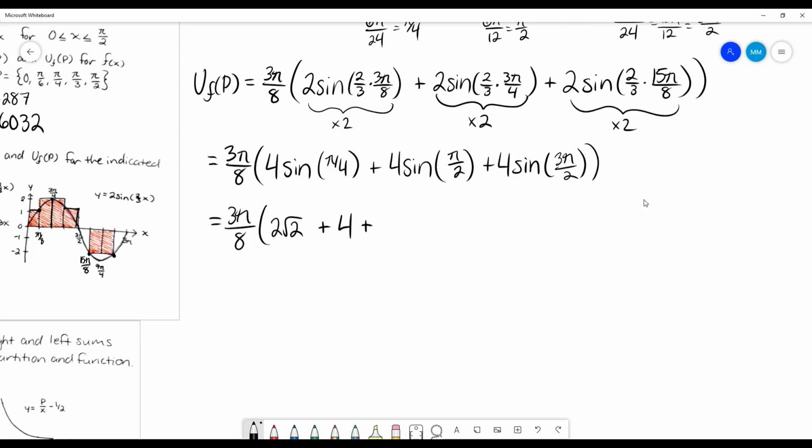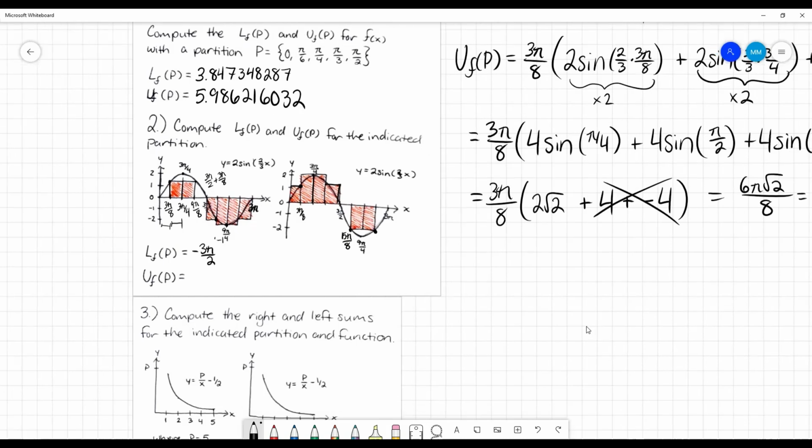And plus 4 sine of 3 pi over 2. 3 pi over 2 is negative 1, so it's negative 4. These cancel, and we get 3 pi times this, so it's going to be 6 pi square root of 2 over 8, or 3 pi square root of 2 over 4. And that is our upper sum.